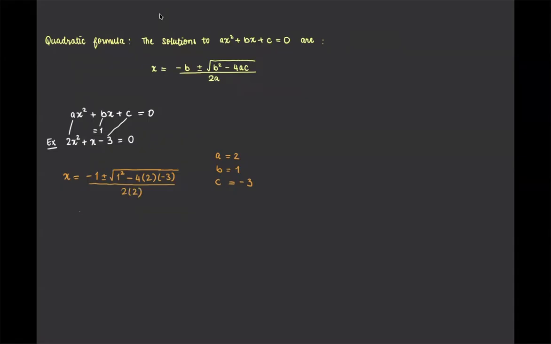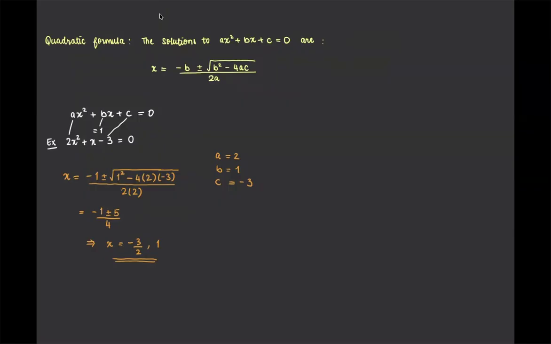Okay, so I can simplify this now, and I'll get -1 plus or minus 5 over 4. And so my answer will be x equals -1 minus 5, which is -6 divided by 4, or -3 on 2. Or x can be -1 plus 5 over 4, or 5 minus 1 all over 4, which is equal to 1. And so that's my answer.